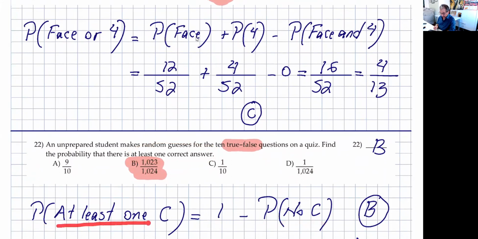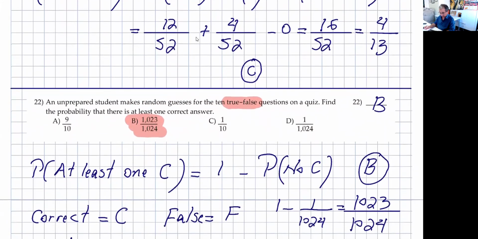P of at least one correct answer is 1 minus P of no correct answers. Correct stands for C, and false stands for F. All the answers are false, so that's only one outcome from the sample space. So it's 1 minus 1 over 1024, which is 1023 out of 1024.